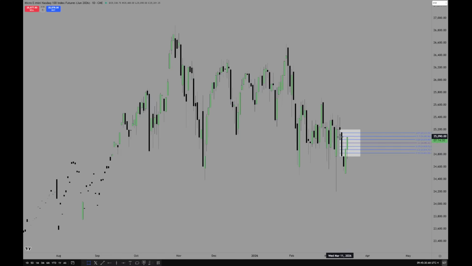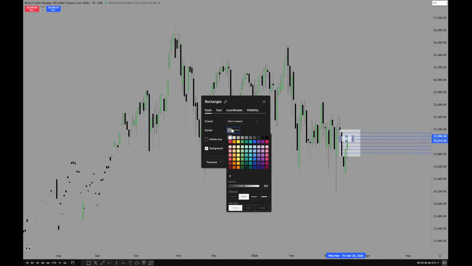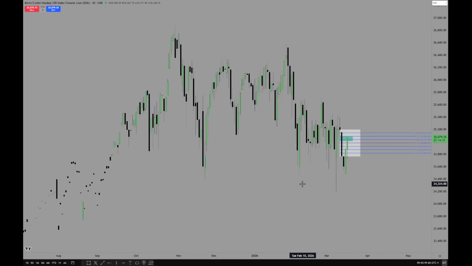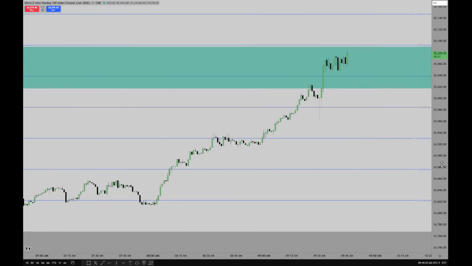That way it'll give us a little bit of context in the lower time frames. And then we'll just gray that out. We'll use that color, something indifferent, not trying to indicate bullishness or bearishness. And then we can drop down into a 1 minute chart again, and that's where we're at.